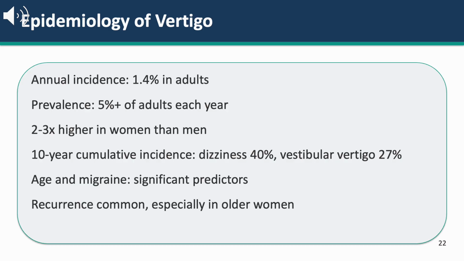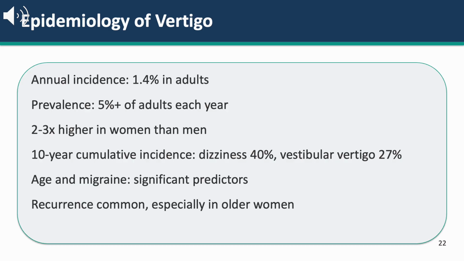In a cohort study of over 1,000 community-dwelling older adults aged 55 years and older who did not have dizziness at baseline, the cumulative 10-year incidence of dizziness was 40%, vestibular vertigo was 27%, and non-vestibular vertigo was 12%. Age and presence of migraine were significant predictors of incident dizziness.